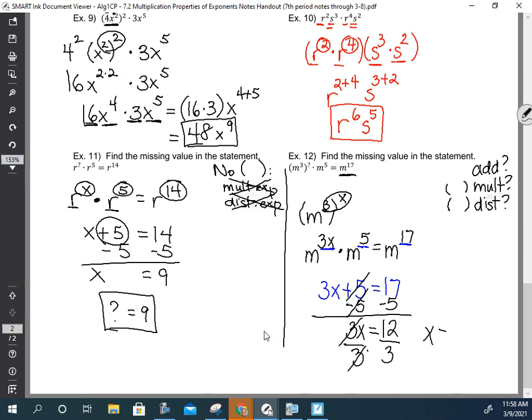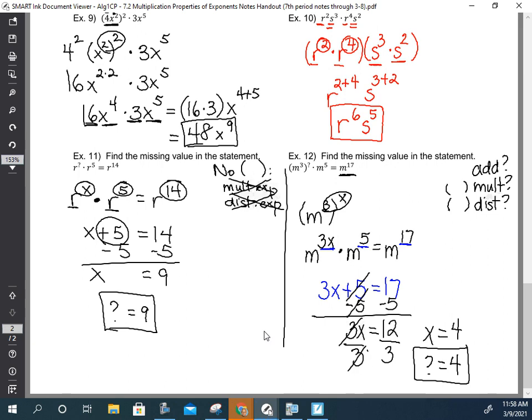So x equals 4. So that question mark has to equal 4. That's it. Look at that. Problem's over.